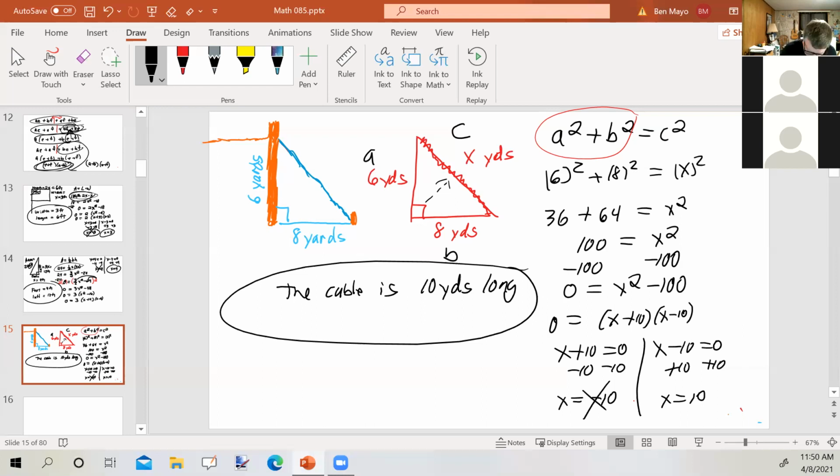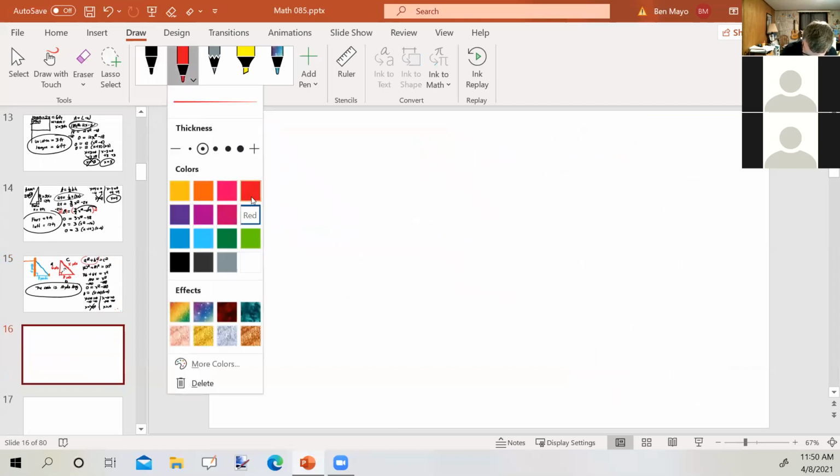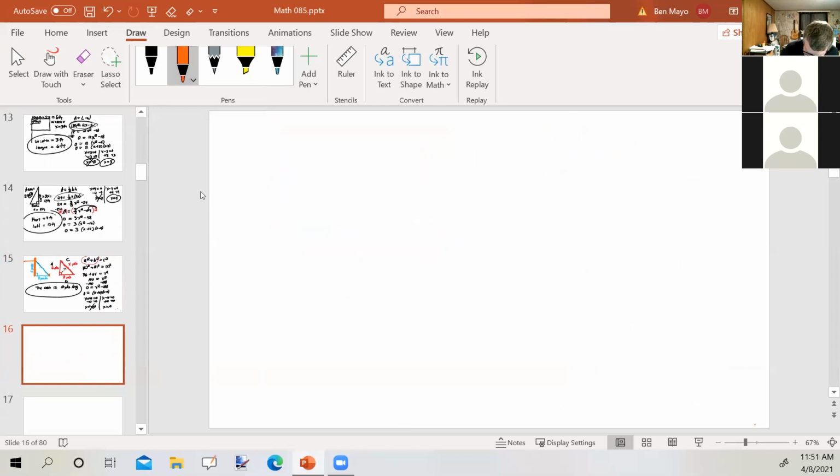Okay, we'll take a look at another situation here. And I'll draw this. Let's see, we've got the ground, and we've got part of a tree trunk, and it broke.